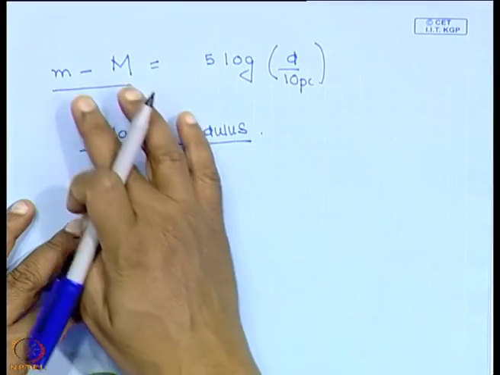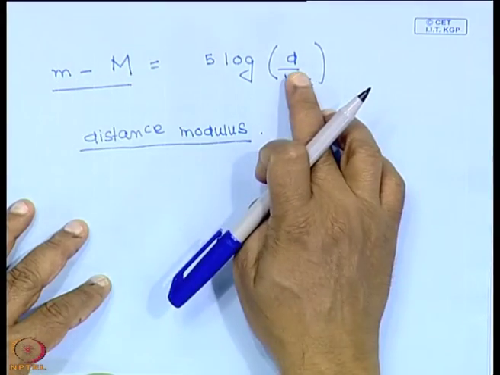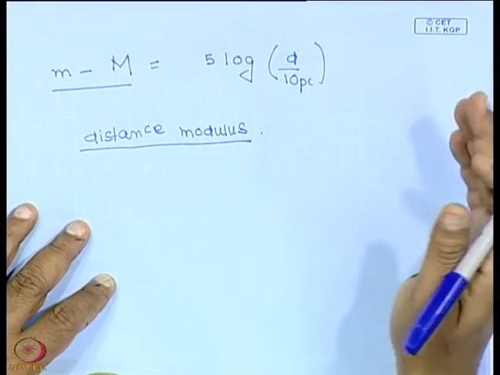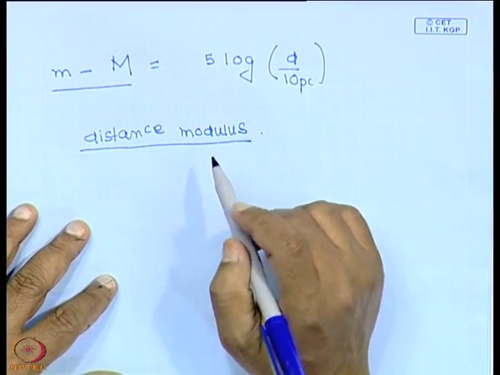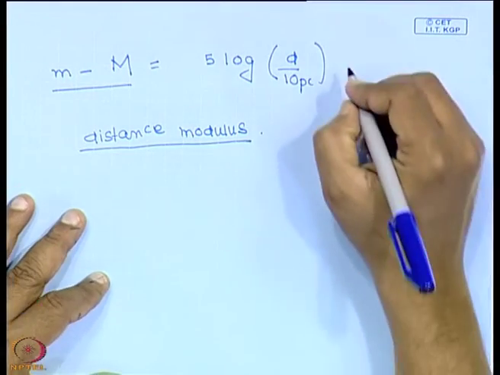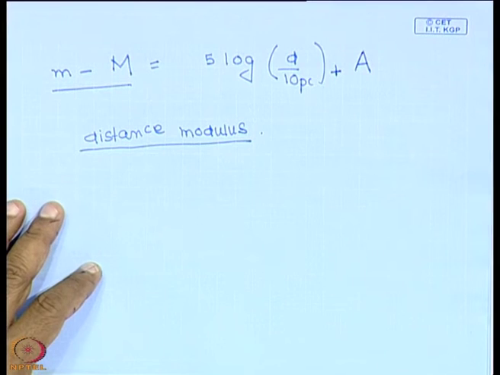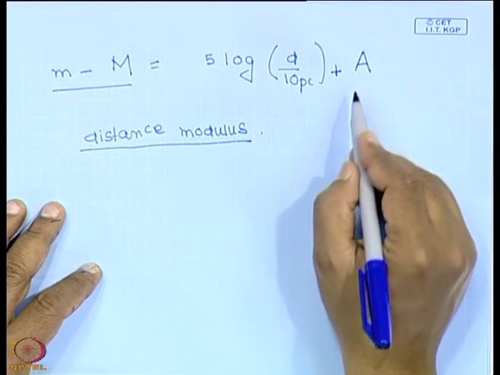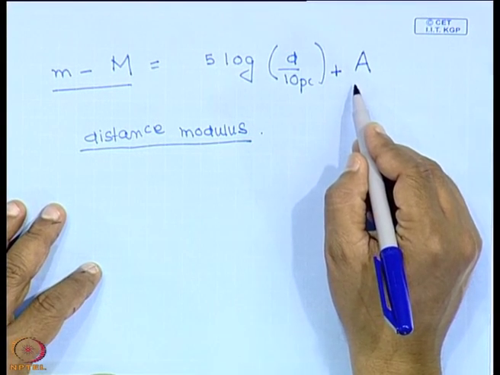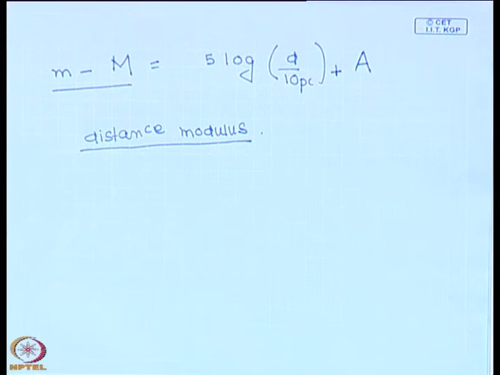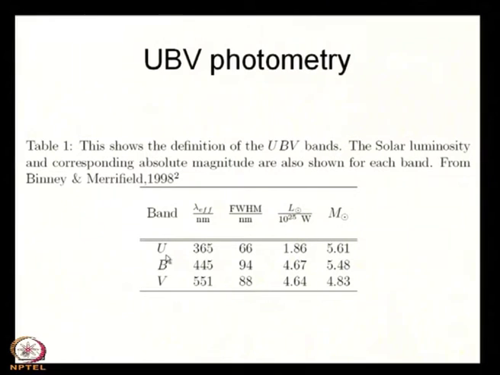So, if you want to estimate the distance, you have to correct for the fact that the source could be faint because of extinction also. So, you have to put in this extinction parameter A, and bear in mind that this extinction coefficient is extremely wavelength dependent, so it would be different in different bands. This is the first thing.